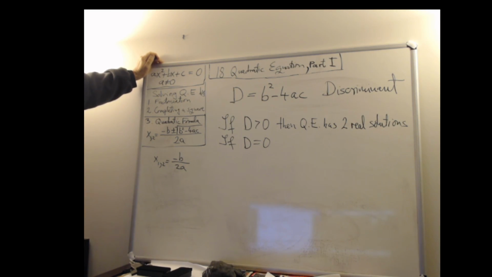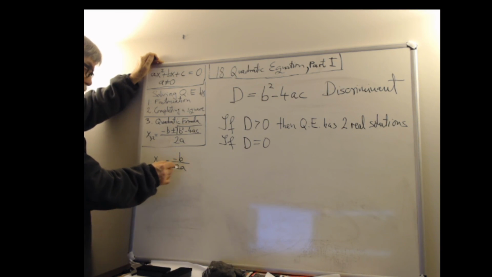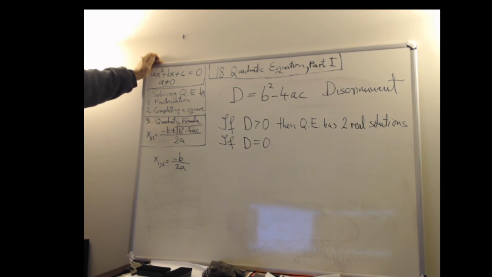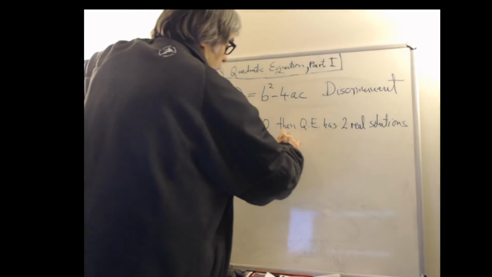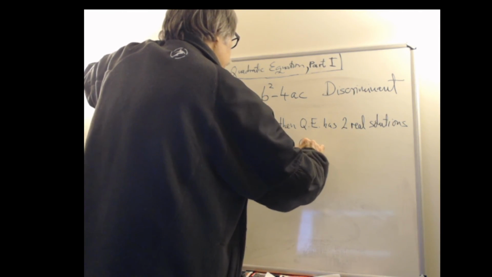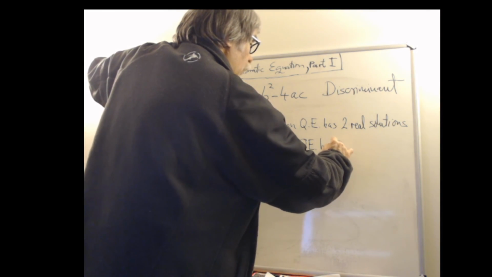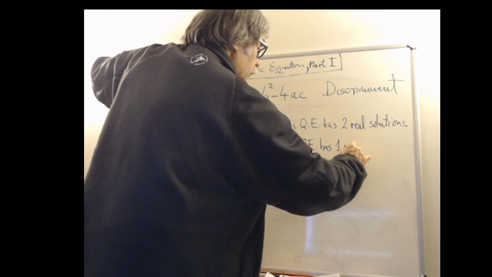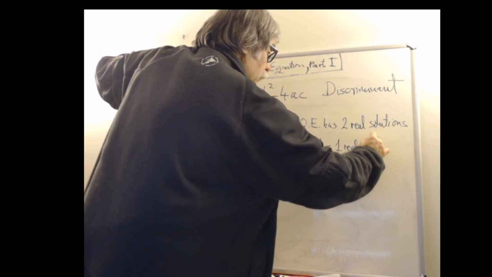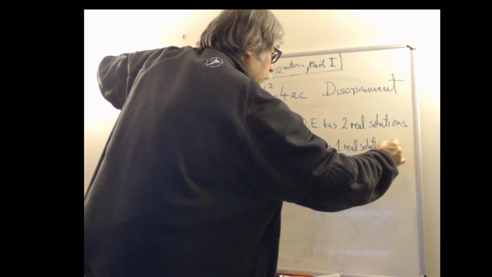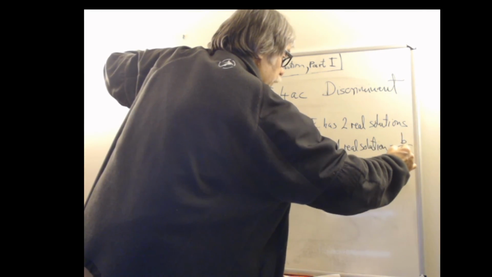And it's only one solution. You don't really have two solutions because you just have one number here. So the quadratic equation has one real solution. And you can immediately write negative b over 2a. You're done.